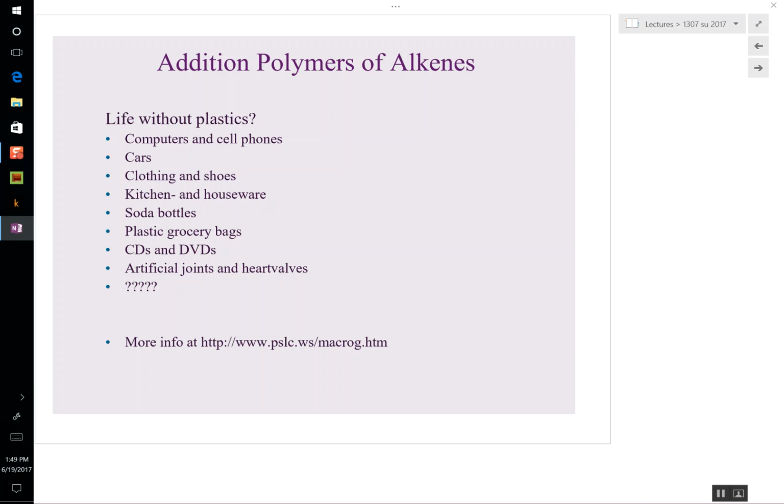Ziploc baggies are polyethylene. Ethylene is the common name of ethene. So ethene is the IUPAC name. Ethylene is this molecule we've been working with all day today. This is ethylene.